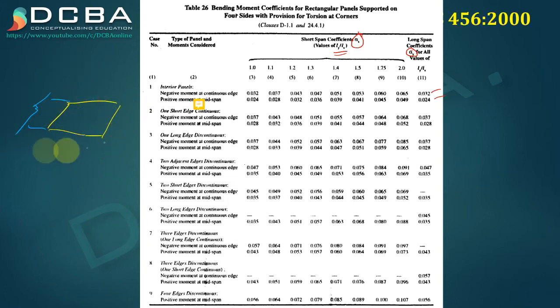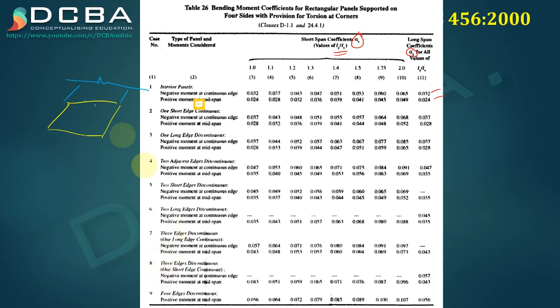Either one short edge is continuous and the other three edges are discontinuous, or one long edge is continuous and the other three are discontinuous, then it should be in case 7. Case 7 and case 8 both I have shown you actually. Case 7 says that one long edge is continuous and the other three sides are discontinuous.